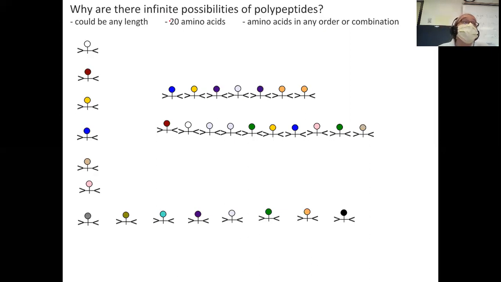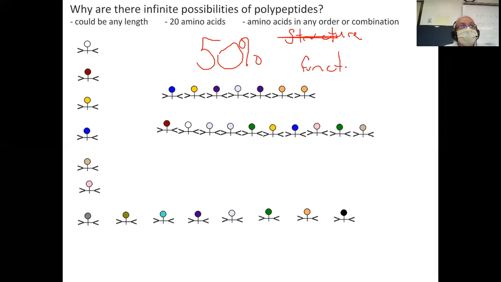Proteins make up about 50% of the dry weight of living organisms. So if you evaporated out the water, about half of what is left is going to be proteins. The other half is going to be a mix of lipids, carbohydrates, and nucleic acids. So they are really important for both structure and also function. Okay, they do many things.